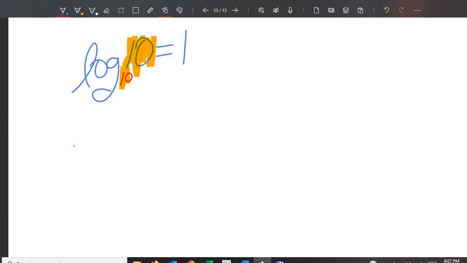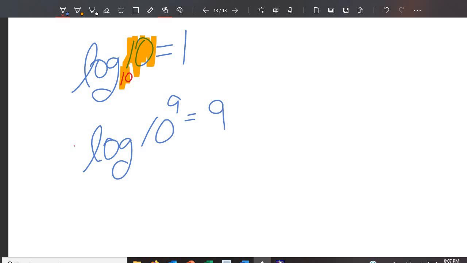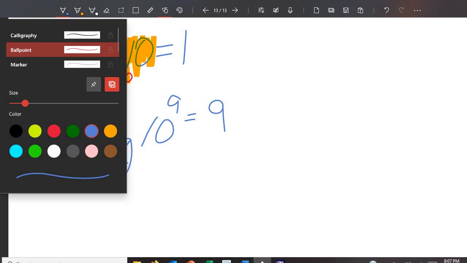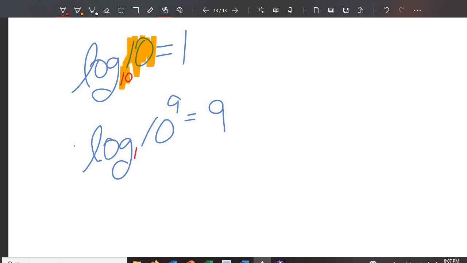There's another property. If you had the log of 10 raised to the 9th power, well, it's a common log, so the answer would just be 9. Now this is understood to be a 10, and when these two match, your answer is whatever the exponent is.